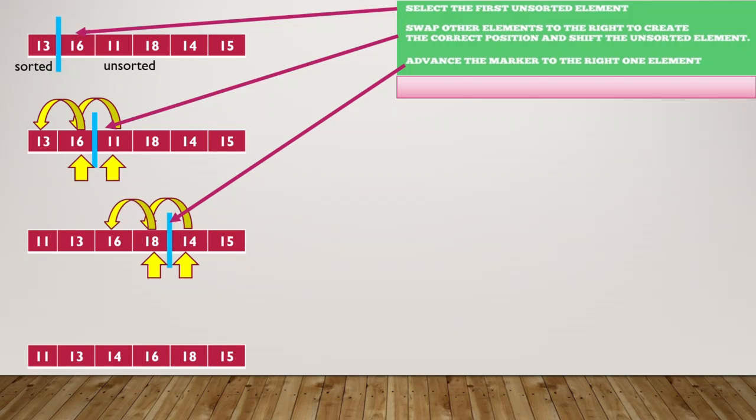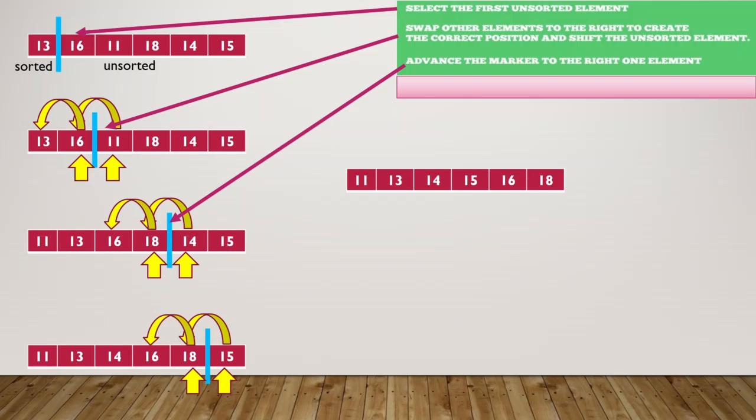Like this, 11, 13, 14, 16, 18 and 15. Now we have only one more element to be sorted. Move the marker to the next position and swap 18 and 15. When you swap 18 and 15, 15 comes to the position of 18 and 18 comes to the position of 15. Again we swap: 15 comes to the position of 16 and 16 comes to the position of 15.